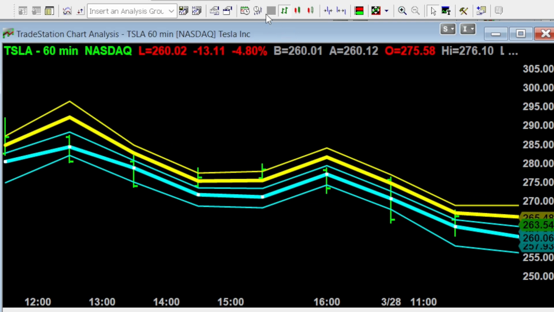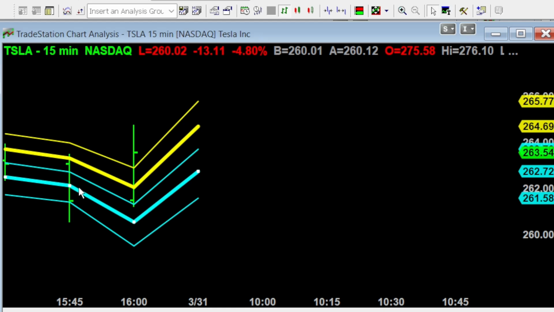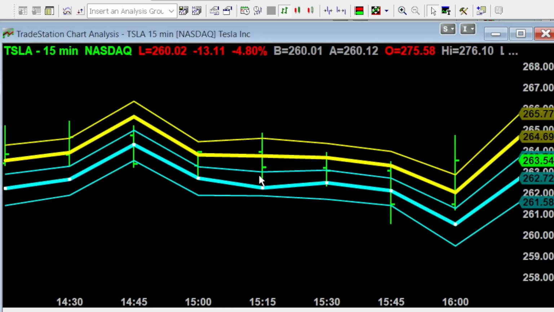Even the 15 minutes charts have similar trends. You can also see the fluctuation of the stock price among these trend lines within 15 minutes. When it opened below this top major yellow trend line, it will have a tendency to drop.